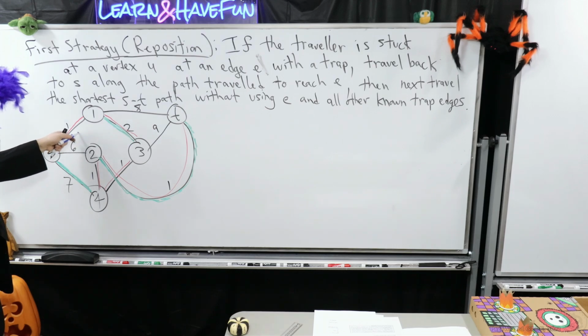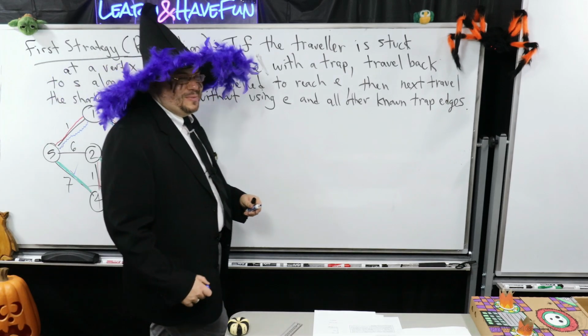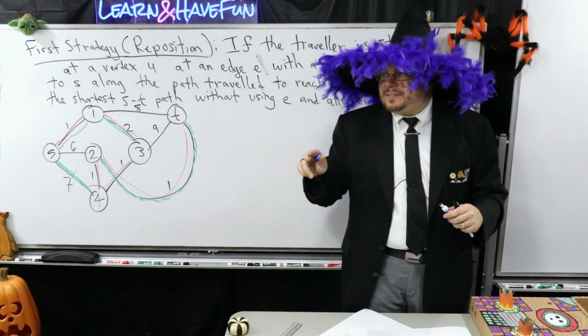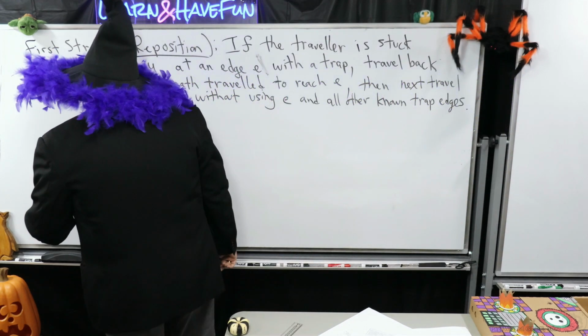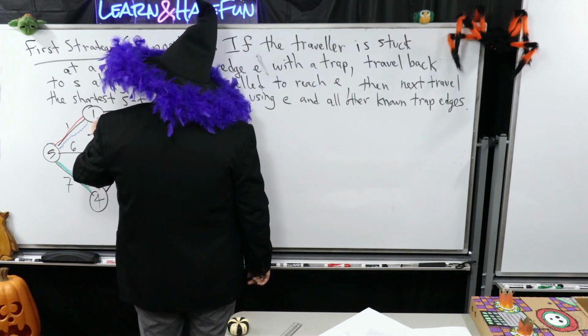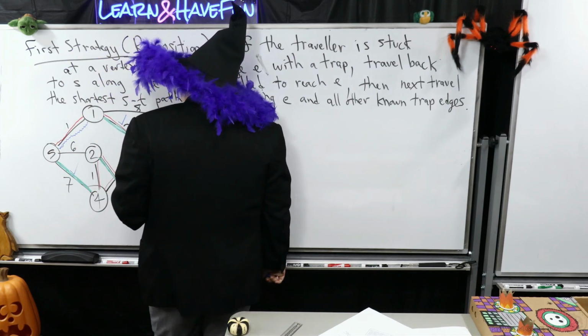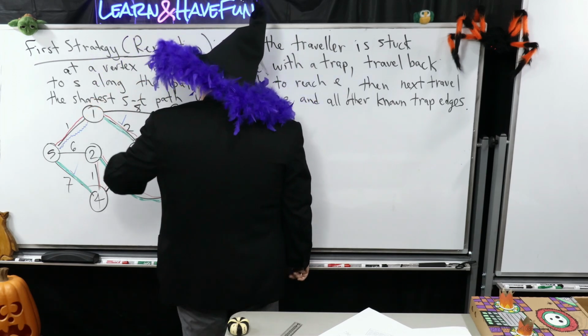And keep in mind, before we get going this way, we would discover this trap edge because we touch one of the endpoints, right? So we discover that first, this one right here. But we're not going to go that way, right? We go to vertex 1. We touch one of the endpoints of this trap edge so that we discover it. That means we stop here, right? Because we can't go across the trap.